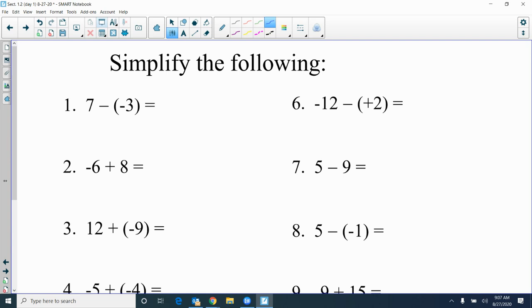I agree, 12 plus 9 is 21. It's not just 12 plus negative. So look, that's subtraction, that's subtraction.